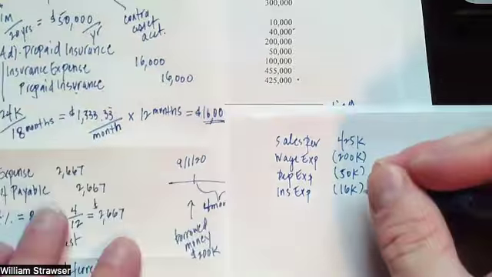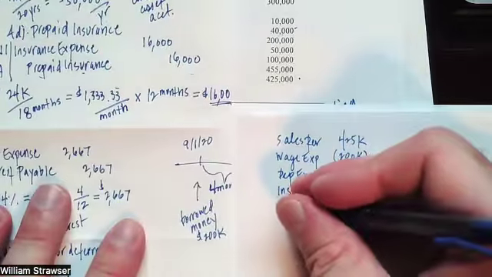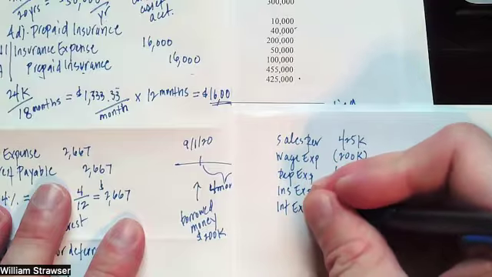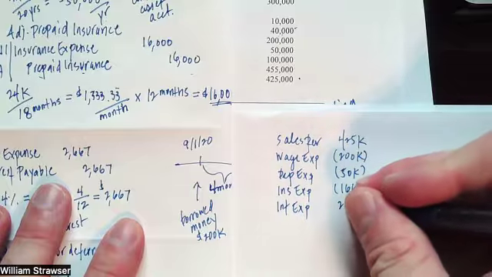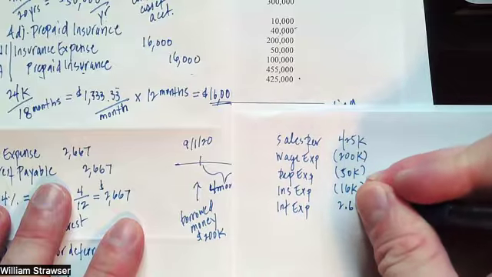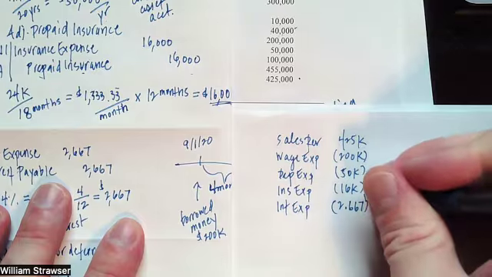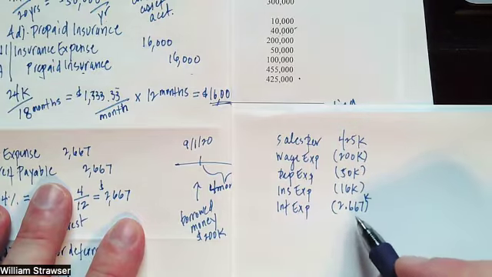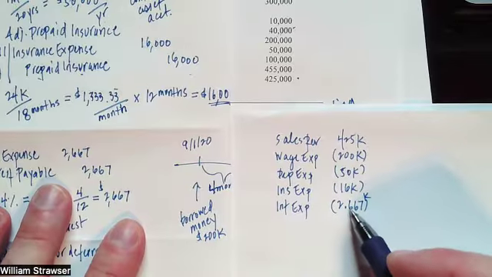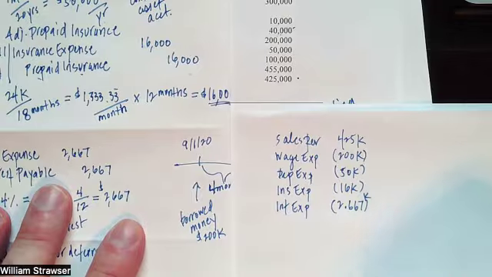We want to recognize interest for 2,667. The K's work great when I'm just getting rid of zeros. They're a little bit sloppy when those are not zero digits.